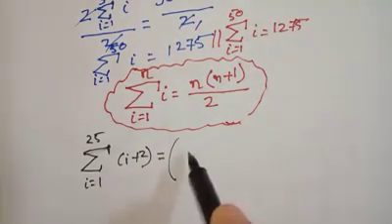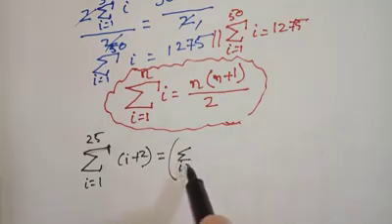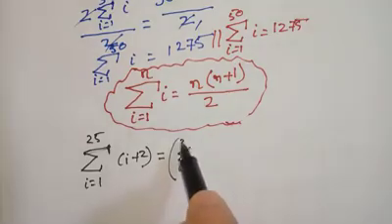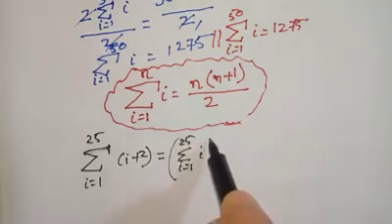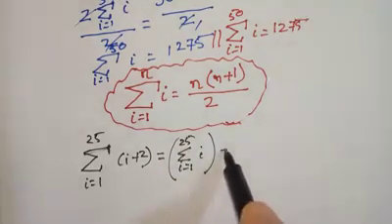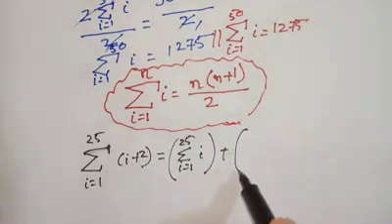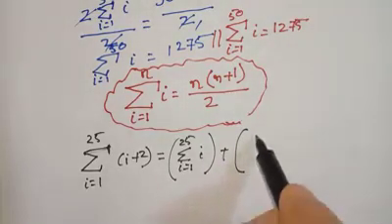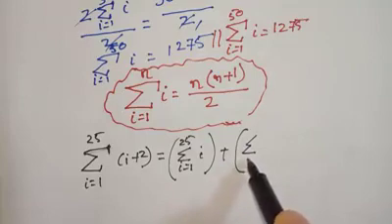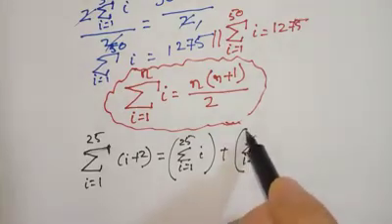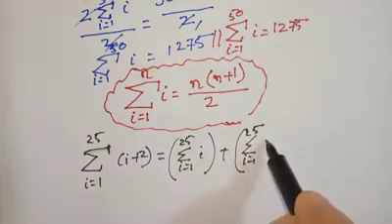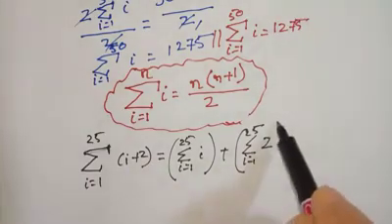We put a brace, and we can write sigma I equals to 1 till 25 times I, plus, within braces, sigma I equals to 1 to 25 times 2, this 2.